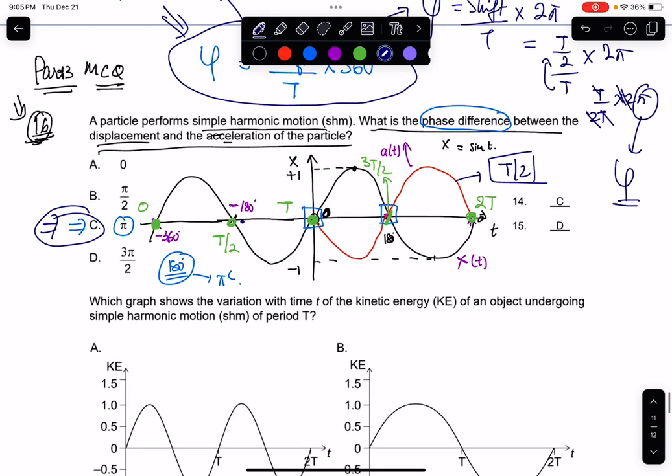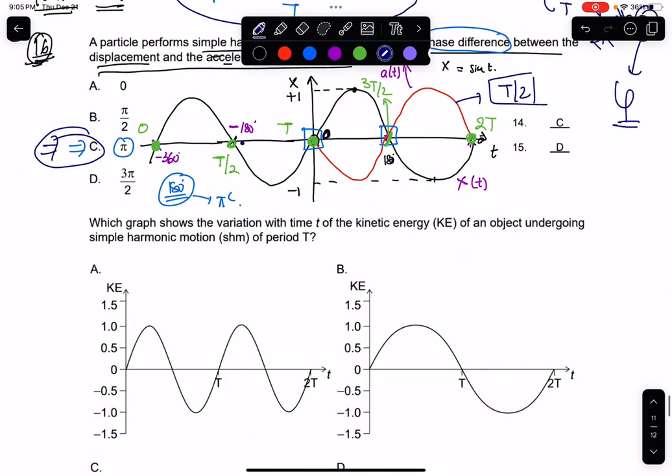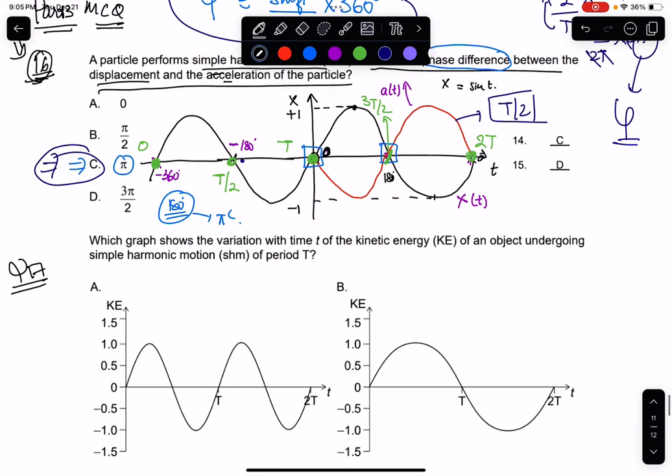So that's how we look at the phase differences. That's for question 16. Now we're going to look at question 17, which is very similar to what we have done before.